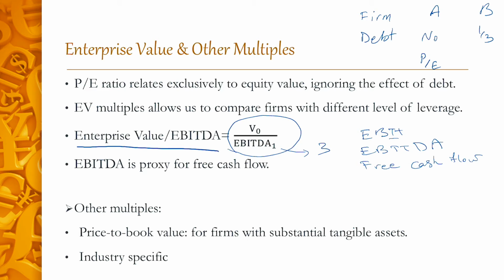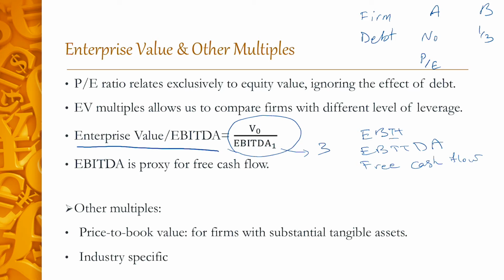And there are also industry specific multiples. For example, in the oil and gas industry, you might see many specific multiples that relate to the capacity or reserves that a company has.